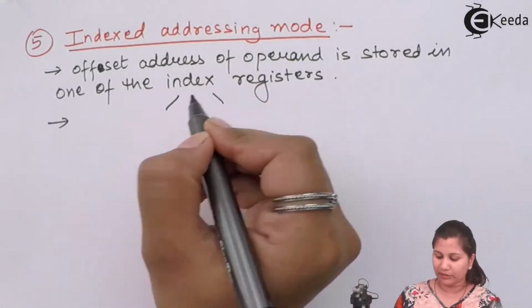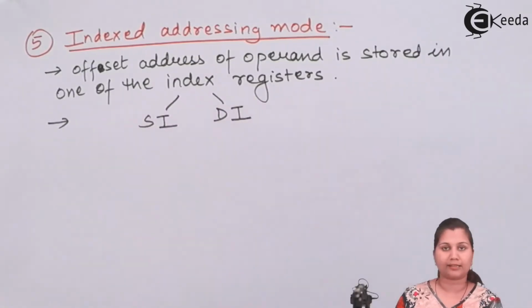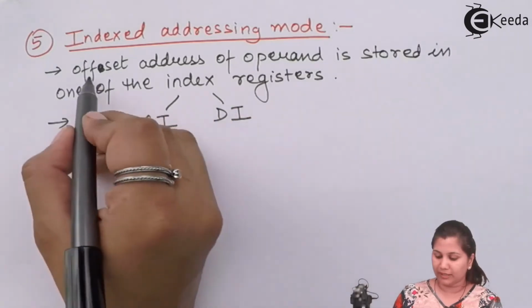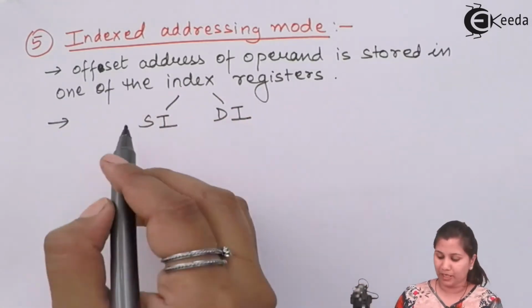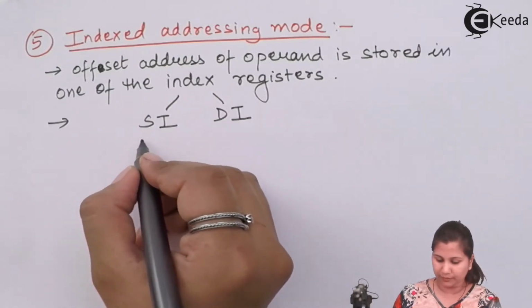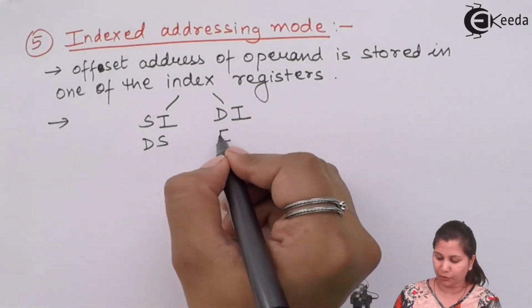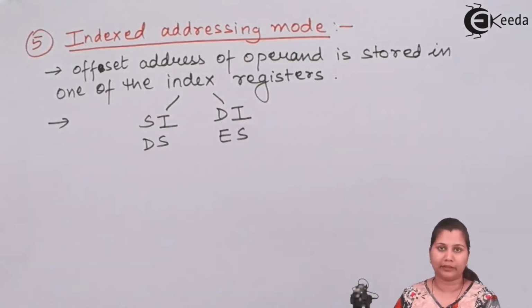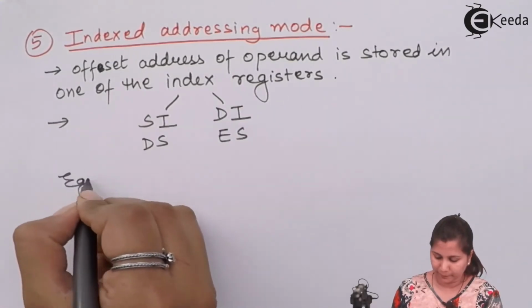We have two index registers, source index and destination index. So this offset address will be stored either in SI or DI. For SI we will use the data segment, and for the destination we will use the extra segment. So let's take an example here.